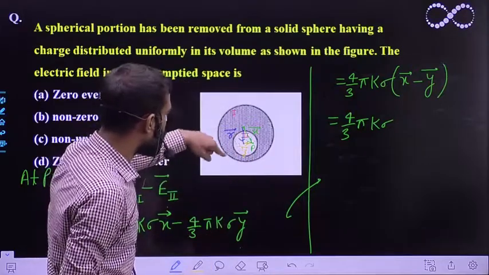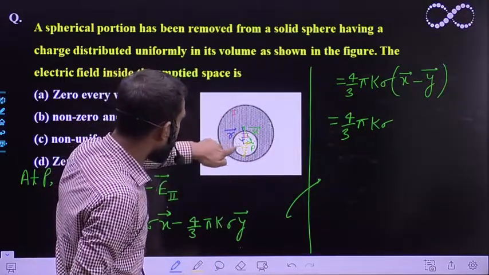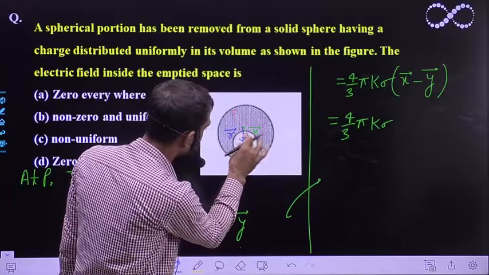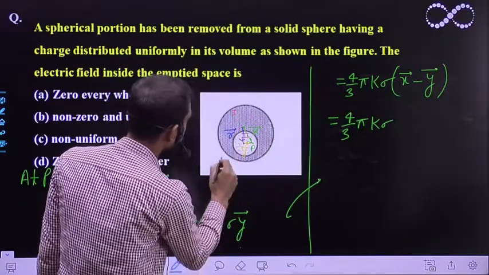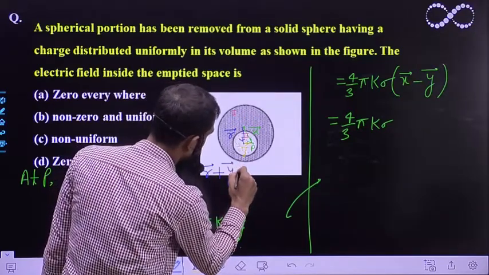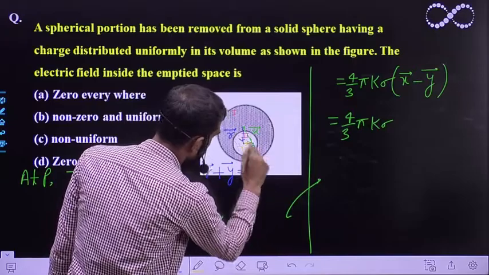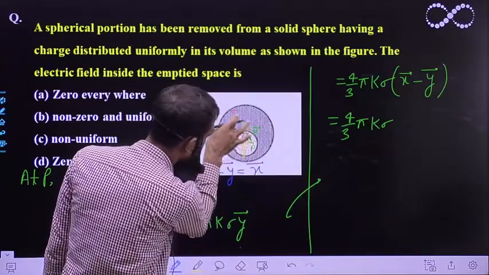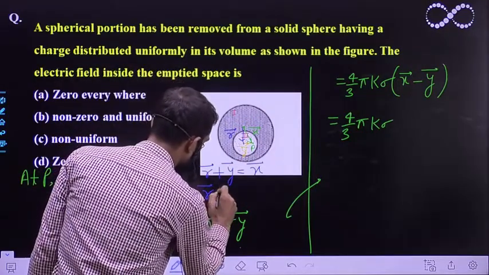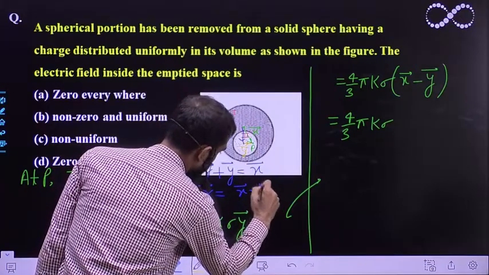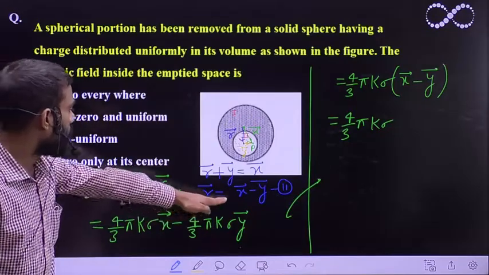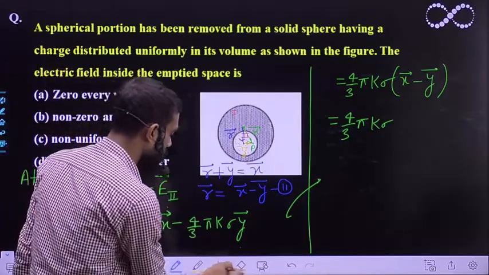From this triangle I can easily say r vector plus y vector must be equal to x vector. So r vector is equal to x vector minus y vector. Let us call this equation 1.